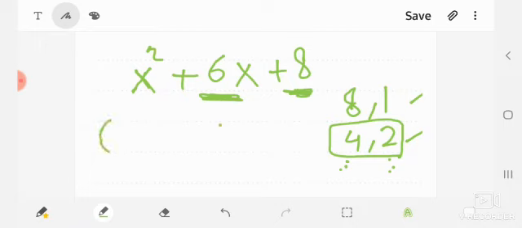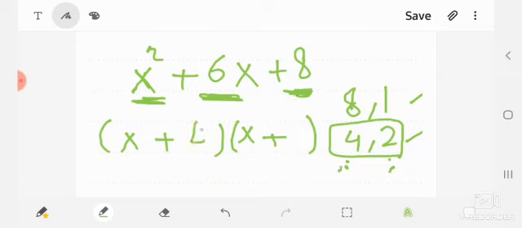To solve it, we open two parentheses and put x here and x here to give us x squared. And then we put a positive sign here, because the two terms are positive to give us a positive 8. Then we put 4 here and 2 here.